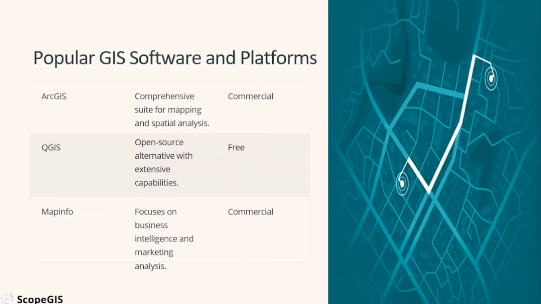ArcGIS, developed by Esri, has a wide range of applications and tools available to users. And whilst it's a commercial platform, it has comprehensive mapping capabilities and spatial analysis capabilities, and you're able to collect data using its mobile apps, and it synchronizes seamlessly with the desktop and with the ArcGIS Online cloud-based platform.